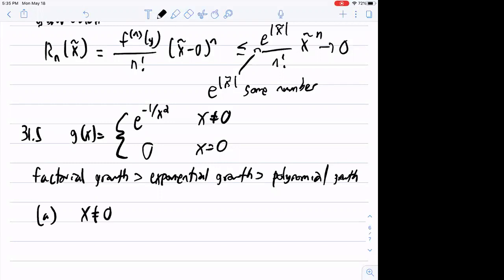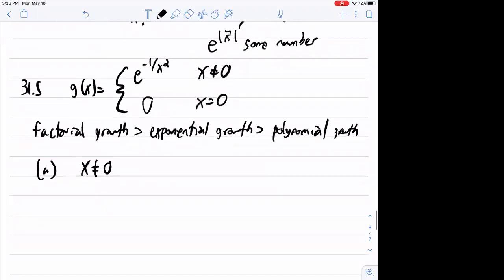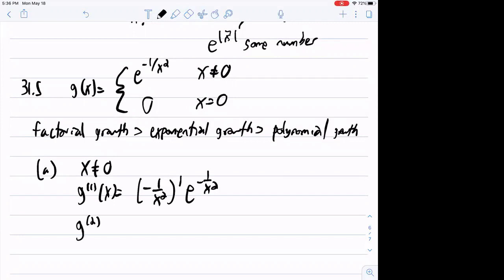Okay, so obviously g at 0 is 0. So when x is not 0, what do we know? The first derivative is, by chain rule, the derivative of negative 1 over x squared times e to the negative 1 over x squared. And then the second one is just product rule. But what do we know?